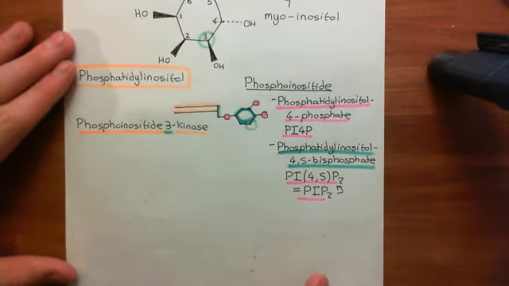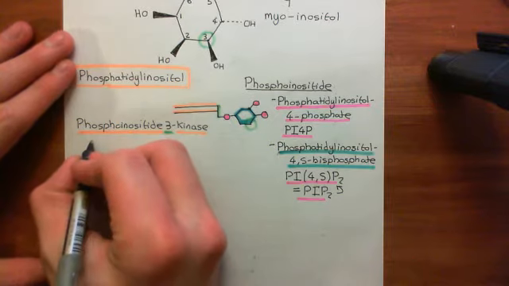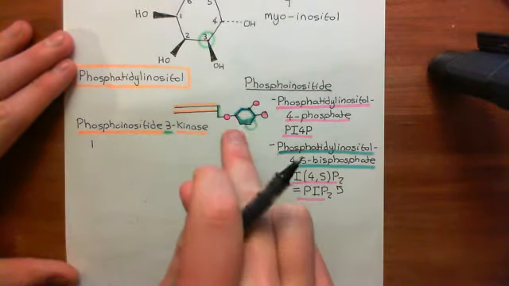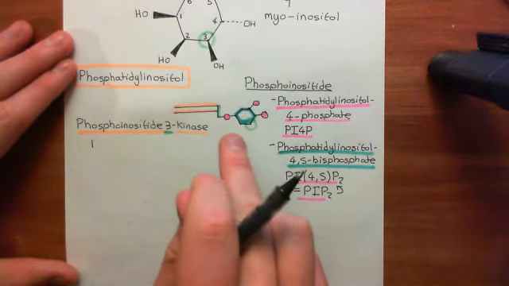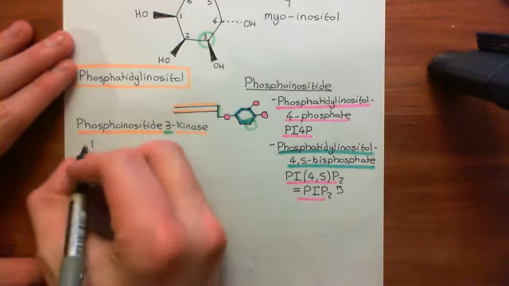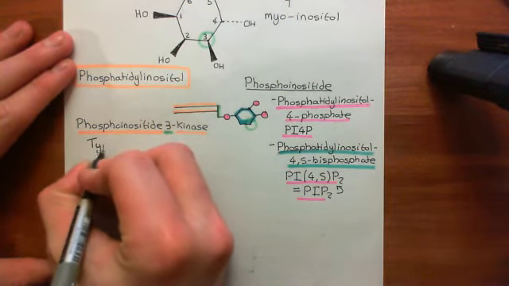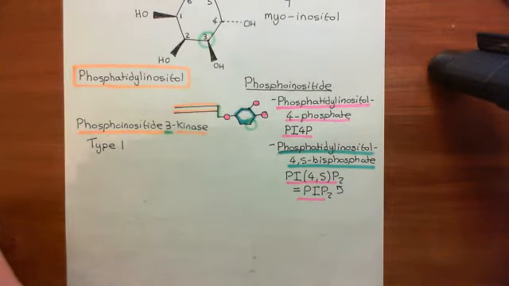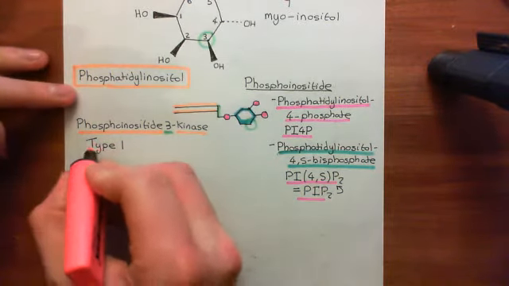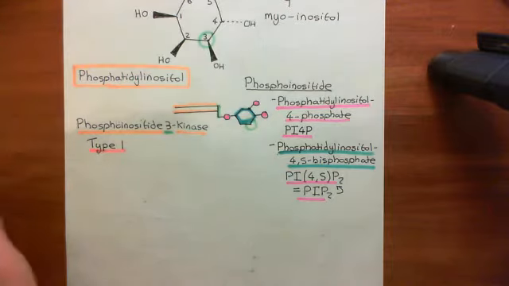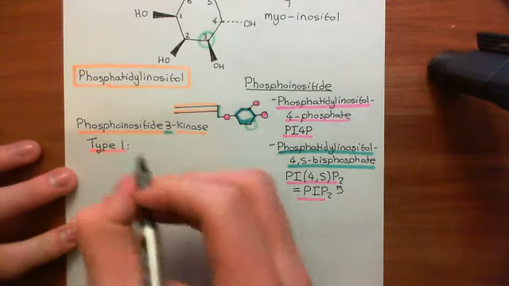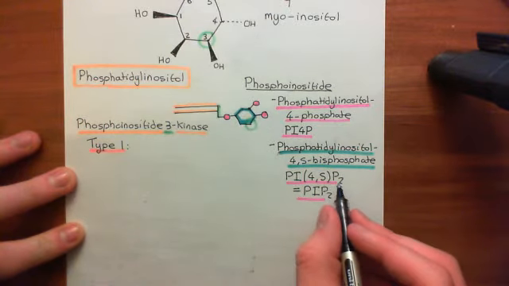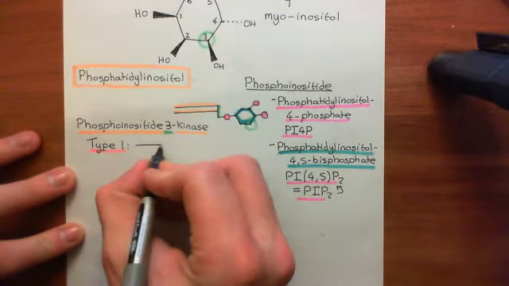There are 3 different types of phosphoinositide 3-kinase which differ in which substrates they act on, so which phosphoinositides they are actually going to phosphorylate. The one that we are going to discuss, and the most important within cells, are the type 1 phosphoinositide 3-kinase enzymes. Type 1 phosphoinositide 3-kinase enzymes are going to have as their substrate PI(4,5)P2, or PIP2.